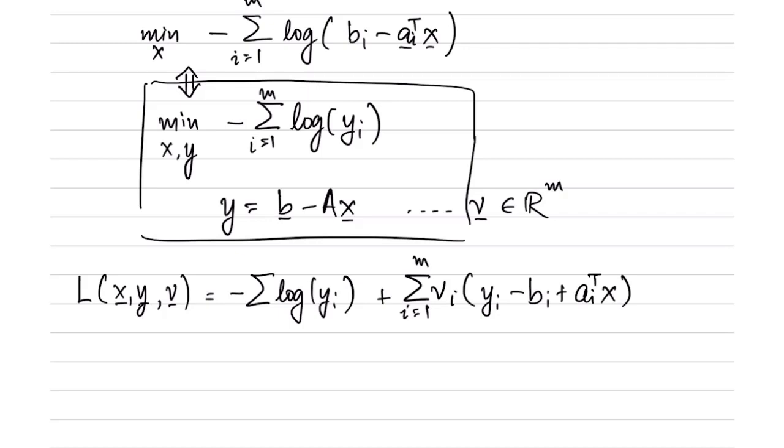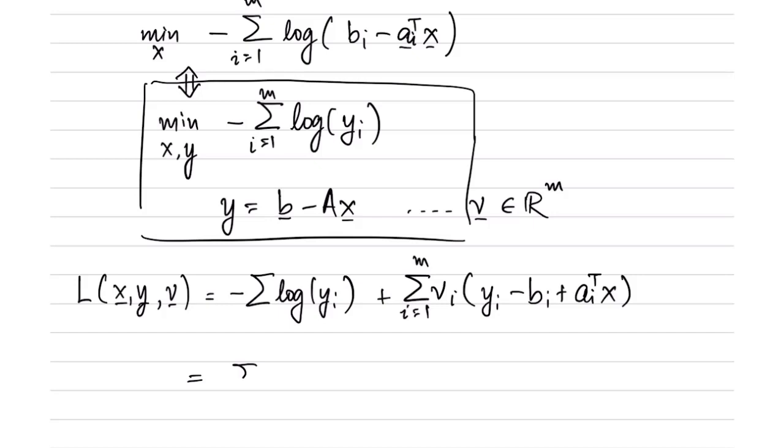Note that this equality can be written in the opposite way also. We can also write it as b minus Ax equal to y, and that would lead to some other dual problem, which would again depend on how you write the equality, but it would lead to an equivalent dual problem. So this can be grouped like this.